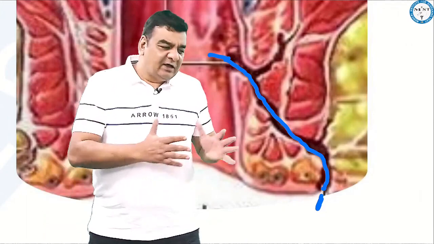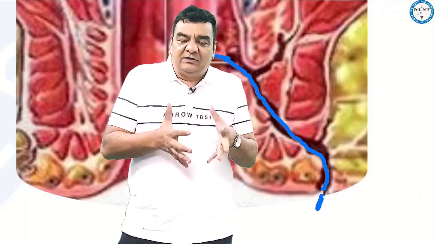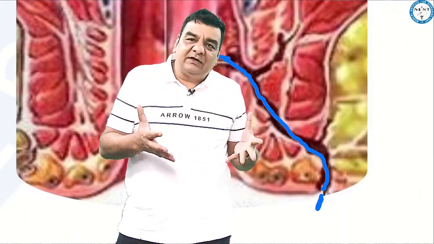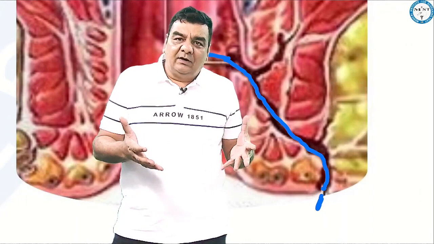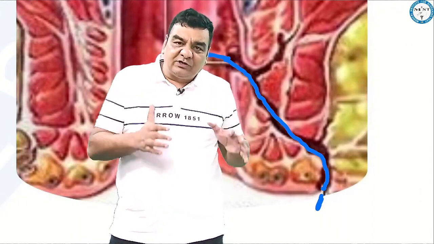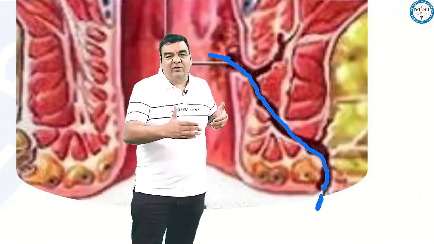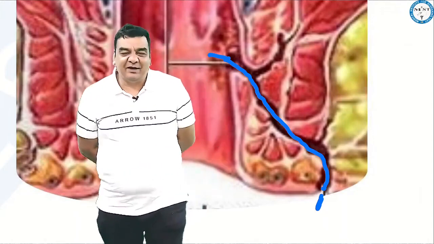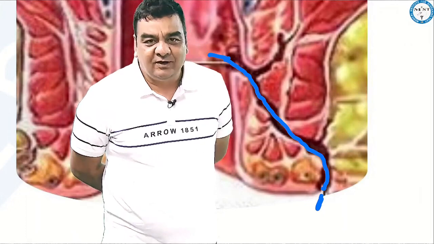Just imagine that a normal vaginal delivery is taking place, and suppose the baby's head is too large, and when the baby was coming out from the vagina, suddenly you find that the baby's head is getting stuck at the vaginal outlet. Now this is going to put pressure on the structures beneath the vagina. This may cause necrosis of the structures beneath, and this may result in an abnormal relationship developing between the urinary bladder and the vagina, which we call vesico-vaginal fistula.